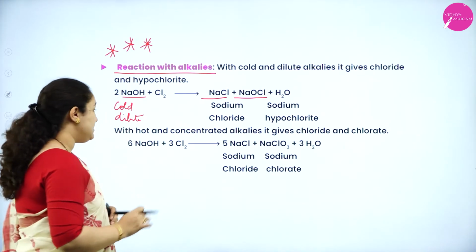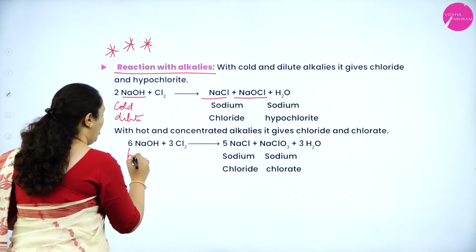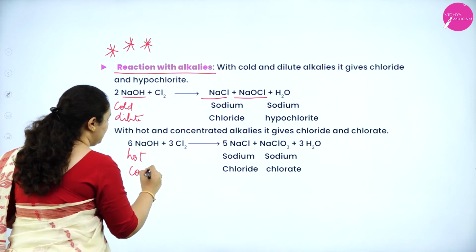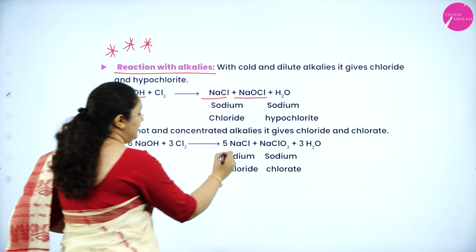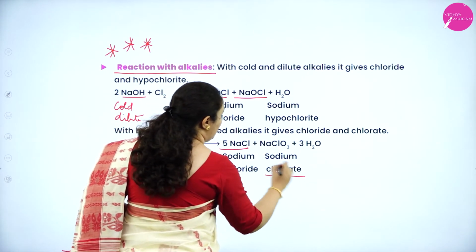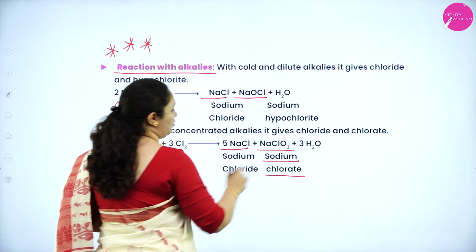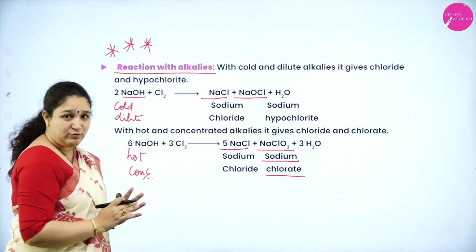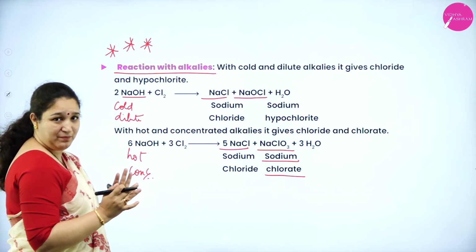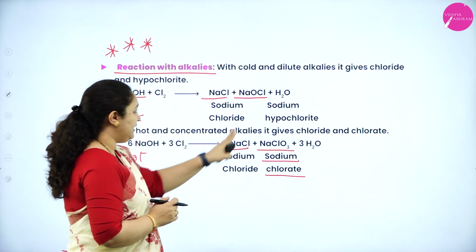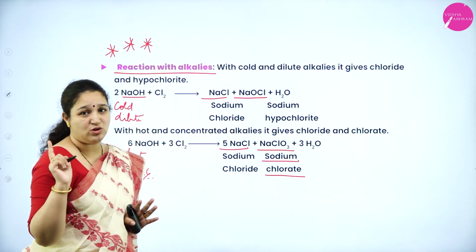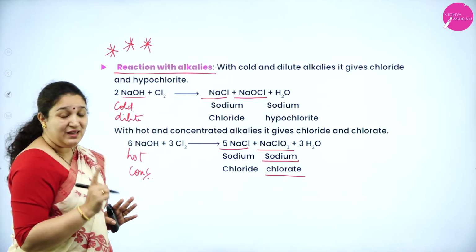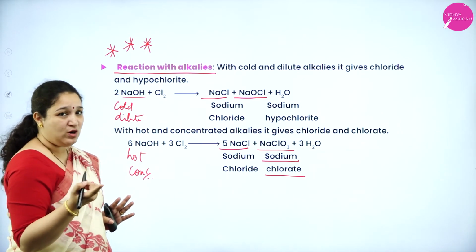Whereas if you use a hot and concentrated alkali with chlorine, then you will get sodium chloride and sodium chlorate, NaClO3. So you have to remember, the other products are the same, NaCl and water. Balancing is different. You have to learn to balance all the equations.